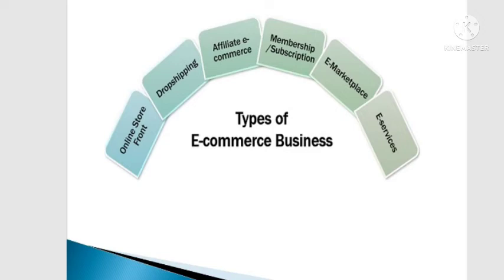It is known as drop shipping because they are neither producing it nor manufacturing it. They are just purchasing the article from anybody else and providing the same thing to the customer. This is the drop shipping model.